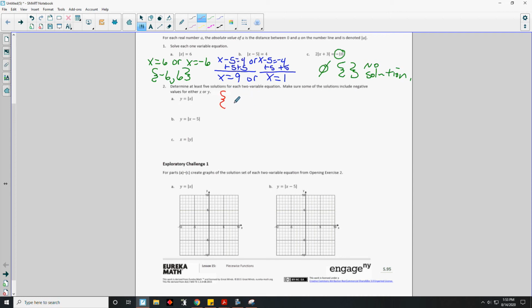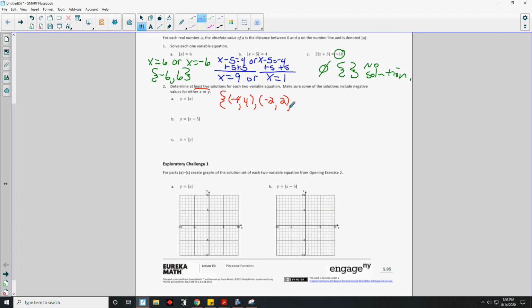Here's the set, and the first ordered pair is going to be x comma y, and it said to do 5 solutions. Pick a number, x, negative 4. The absolute value of negative 4 is 4, so y has to be 4. How about negative 2? The absolute value of negative 2 is 2.